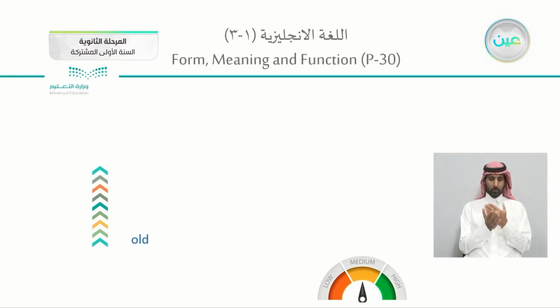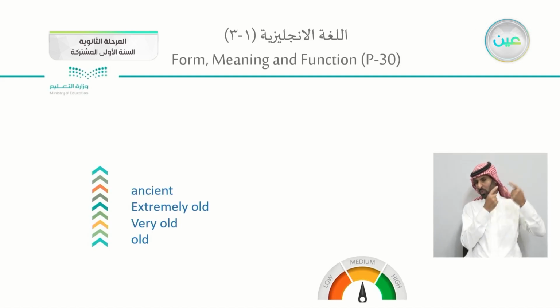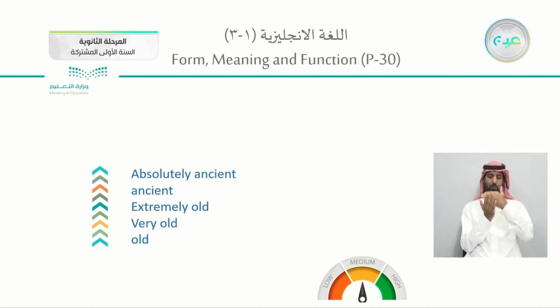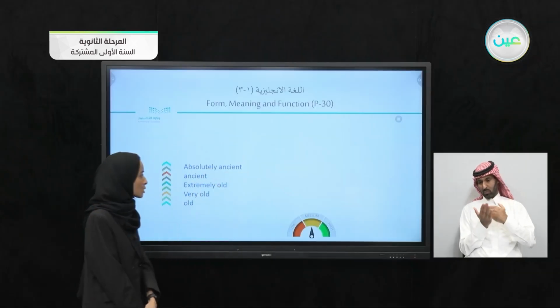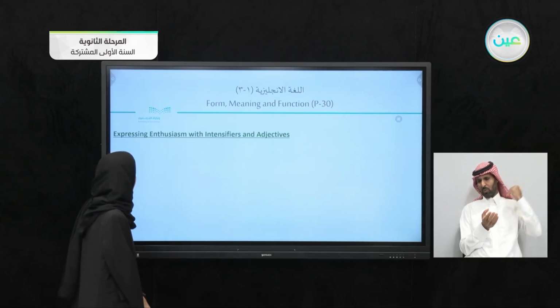So we can say old, very old, extremely old. Then we go to the non-gradable ancient. We can describe it as being absolutely ancient. So going from the lowest to the highest, from old until extremely old or absolutely ancient.